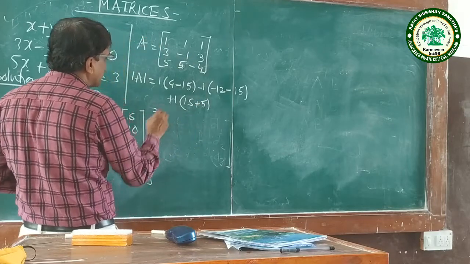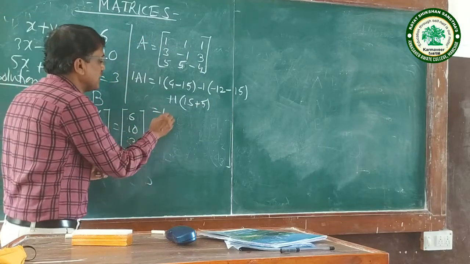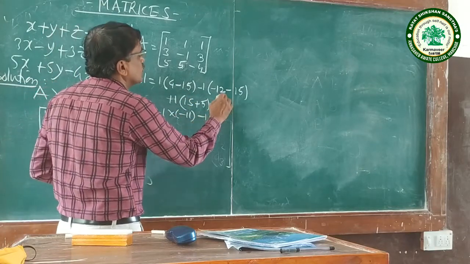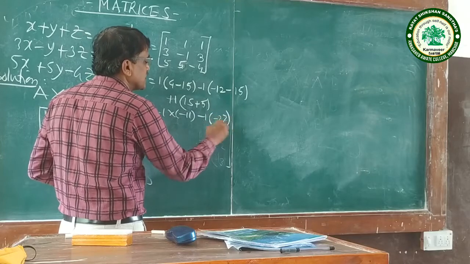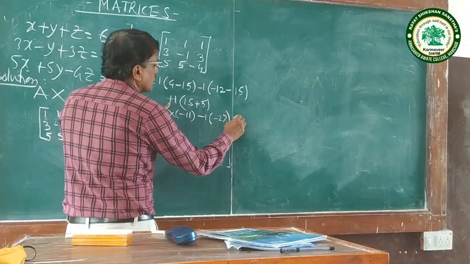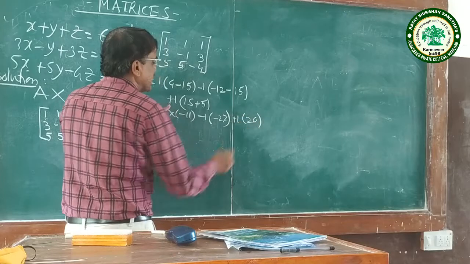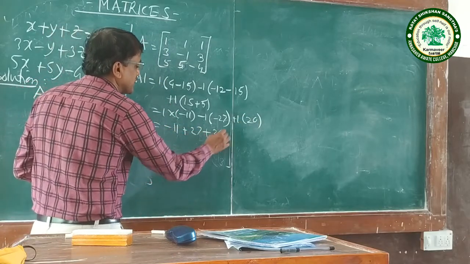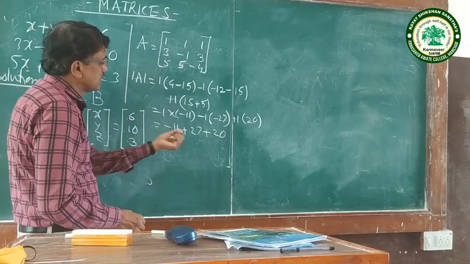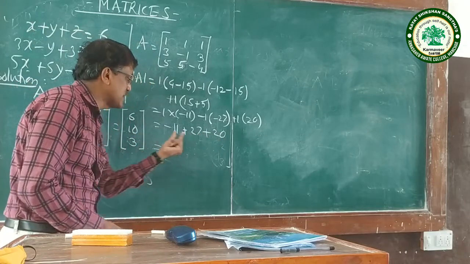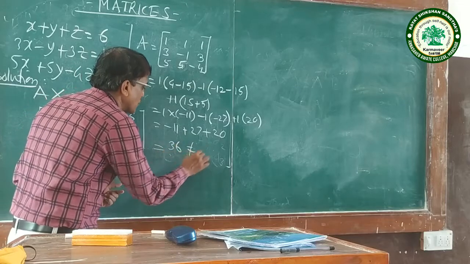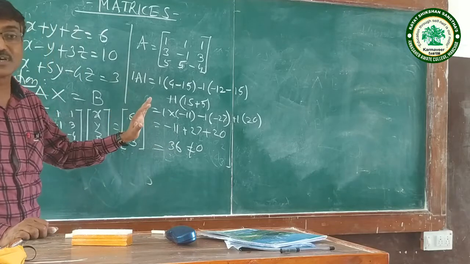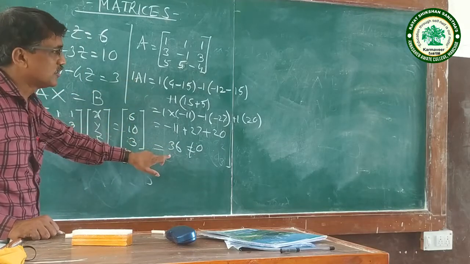So 1 into minus 11, minus 1 into minus 27, plus 1 into 20. So finally minus 11 plus 27 plus 20. We get 20 plus 27, 47, minus 11, it is 36, which is not equal to 0. Therefore the matrix A is non-singular, hence its inverse must exist. So determinant A has value 36.